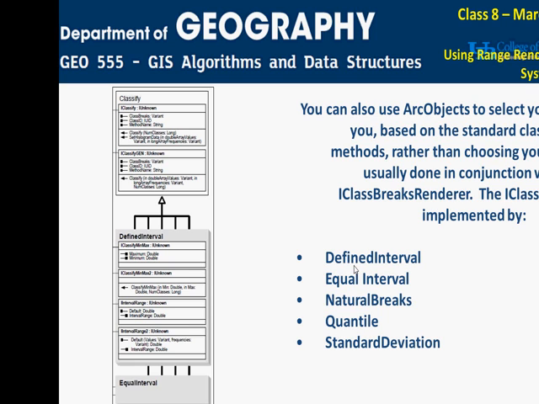So the ArcObjects classes that correspond to those items are shown here. Your defined interval, equal interval, that shouldn't have a space. Quantile, I didn't show. If your data is normally distributed with a bell curve, you can use standard deviation also. I didn't show that one. That's available. All of those, yet again, inherit from an abstract class called classify.